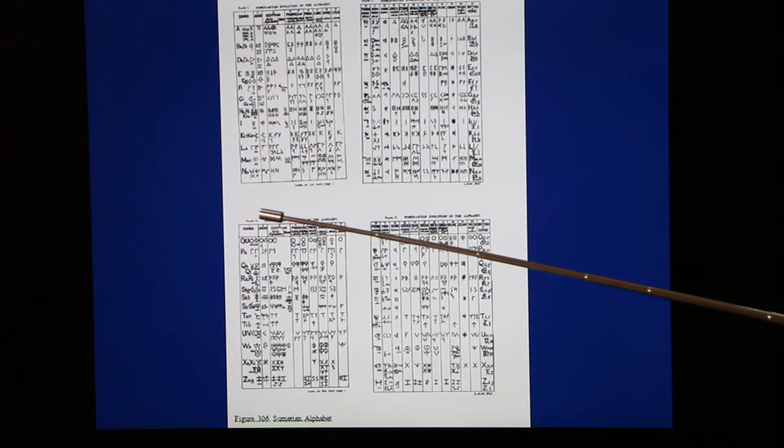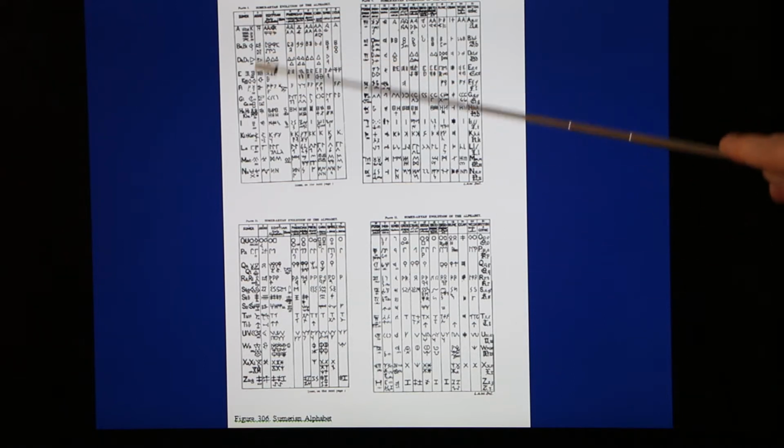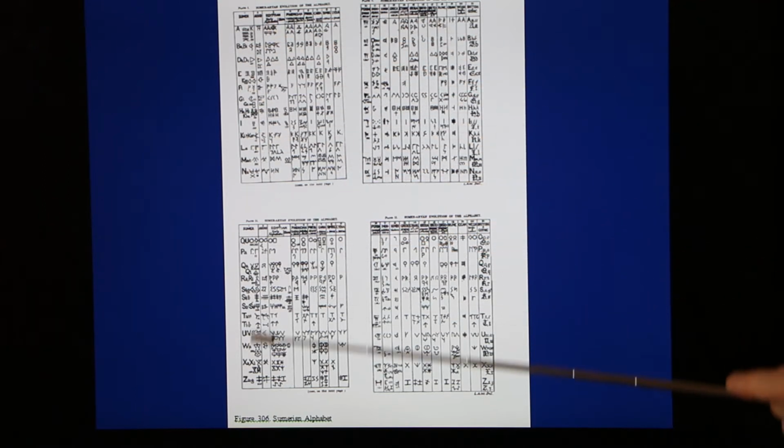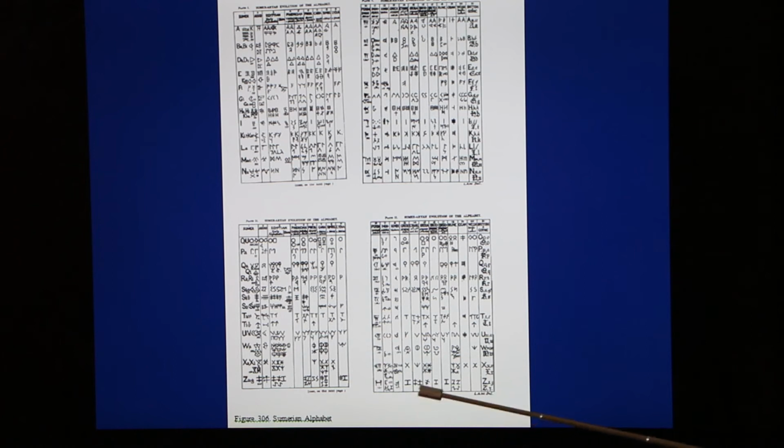Well, here is a version. There was a gentleman in the 19th century who studied the Sumerian alphabet and argued that, in fact, the alphabet as we now know it comes from Sumer. And he gave the equivalents across the board.